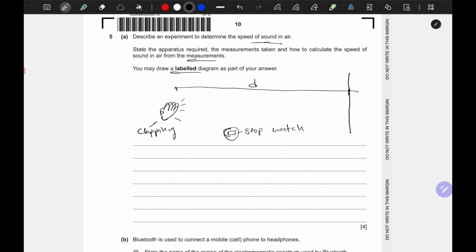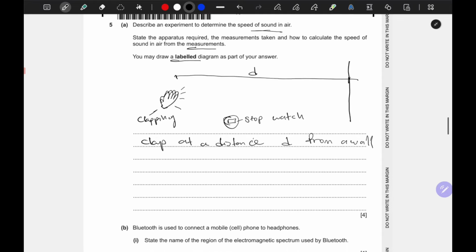So how can we write this? We can say: clap at a distance d from a wall, and then use a tape measure to measure d.